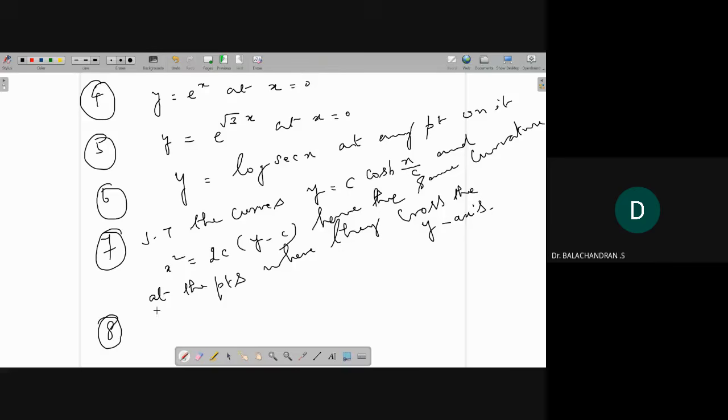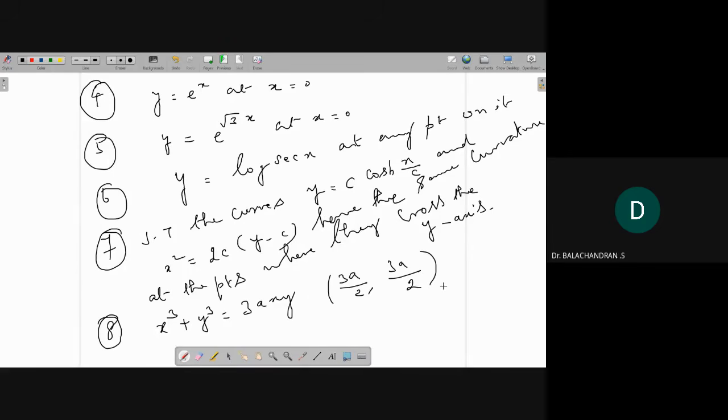Find the radius of curvature for the curve x cube plus y cube equal to 3a xy, at the point 3a by 2, comma 3a by 2.